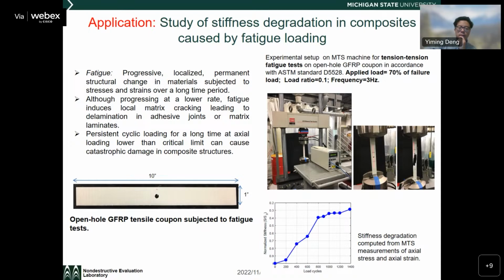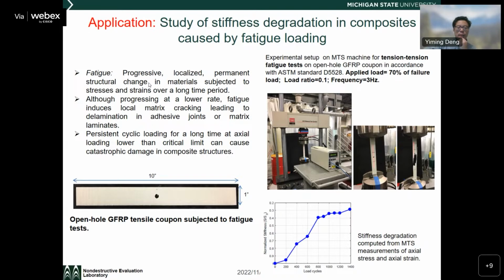The work is carefully designed using a fatigue test. Although we talked about fatigue already, in this case, when we study fatigue in composites, we have a sample subject to cyclic loading, and progressive localized permanent structural change in the material subject to stresses and strain over a long period of time.